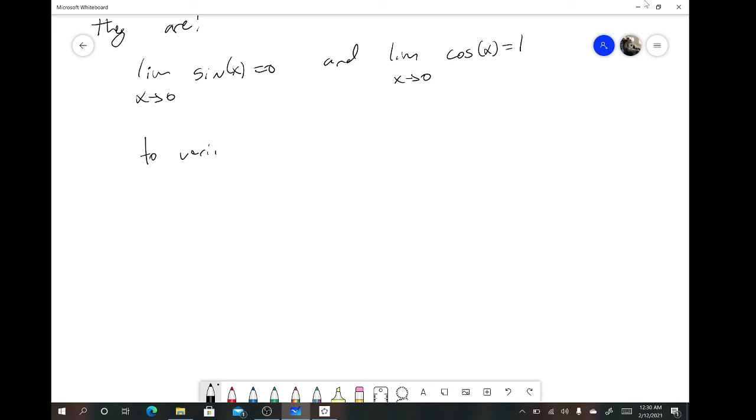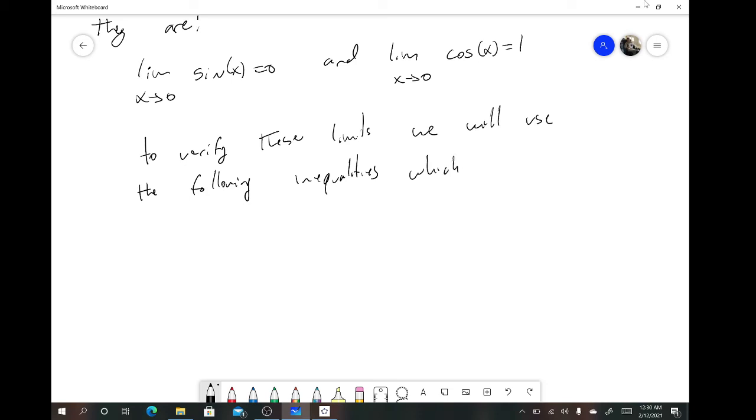To verify these limits, we will use the following inequalities, which are both valid for x being strictly bigger than negative pi over 2 and strictly less than pi over 2.